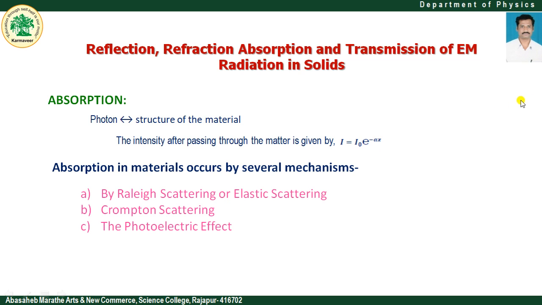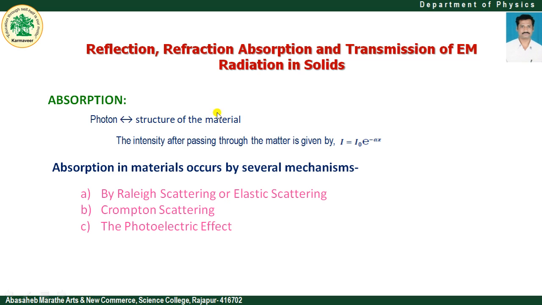Where I here is the intensity after passing through the matter. It is given by this equation: I equals I naught e raised to minus alpha x. Here x is nothing but the path through which photons move, which is usually the thickness of the material.